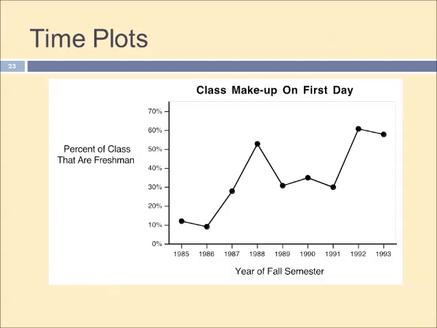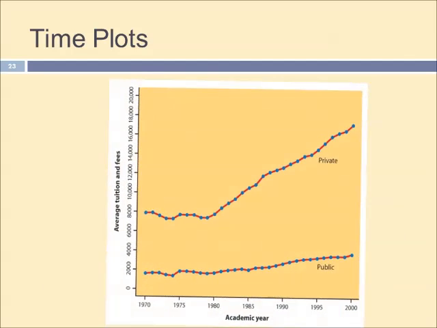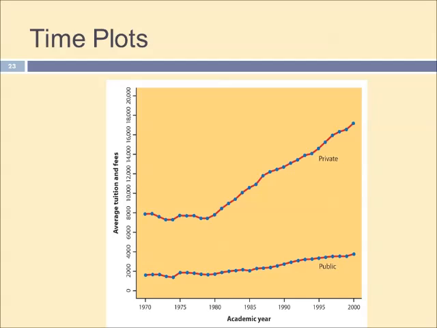So there's an upward trend. Here's another example of average tuition and fees broken up by public and private schools. Clearly, in both cases, the tuition and fees are increasing over the time span from 1970 to the year 2000, but it's fairly obvious that the private schools are increasing at a higher rate.